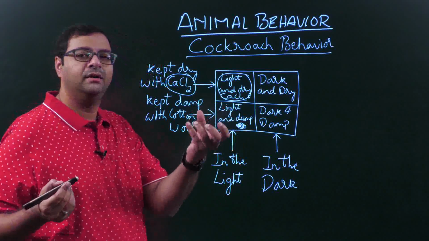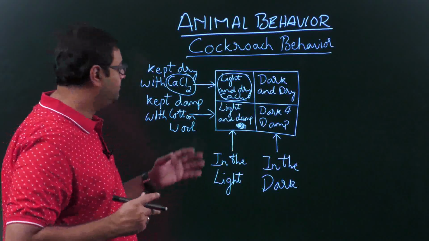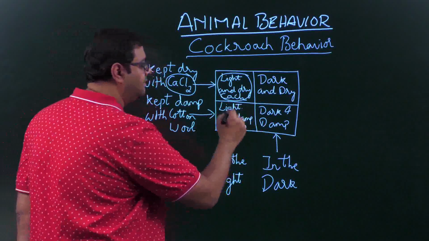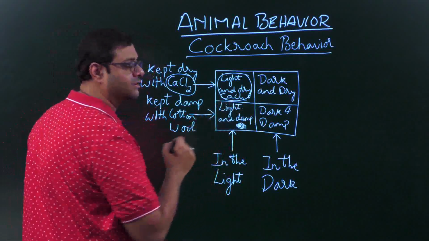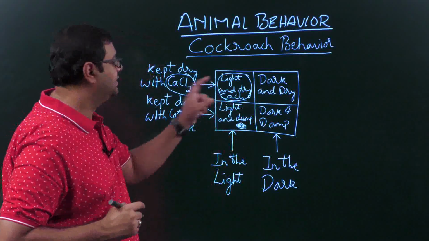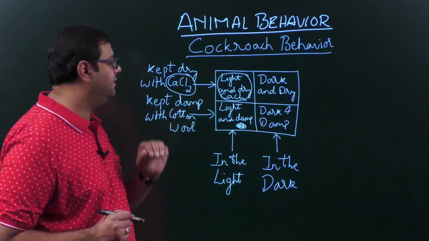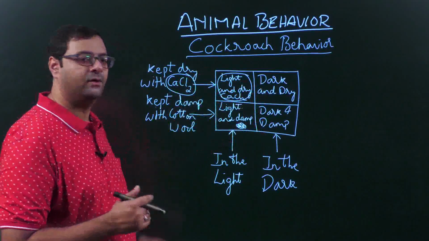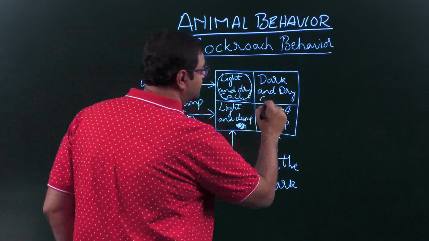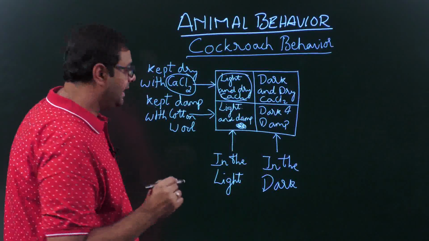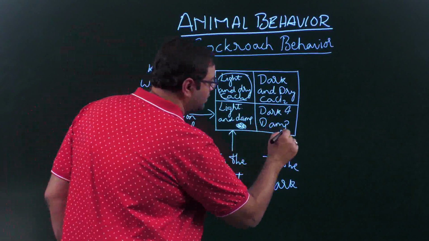In the presence of light, there will be moisture in this compartment. Here there is no moisture, here there is moisture. The same way they did here also: dry and dark, that is, CaCl2 was put here.